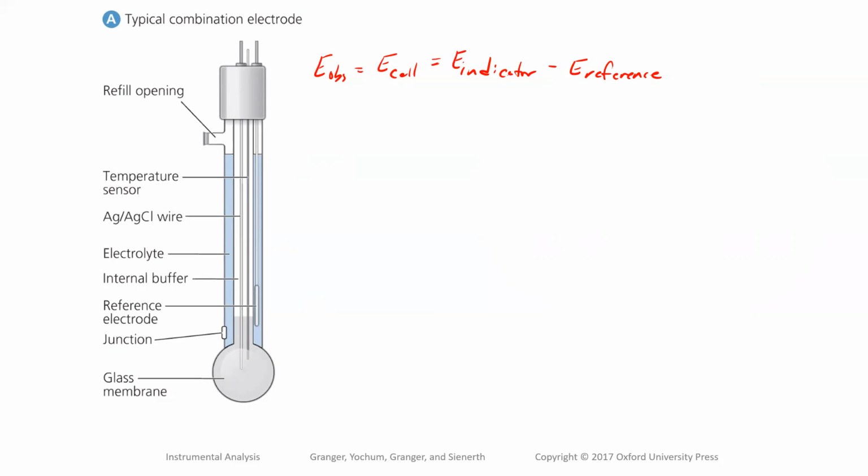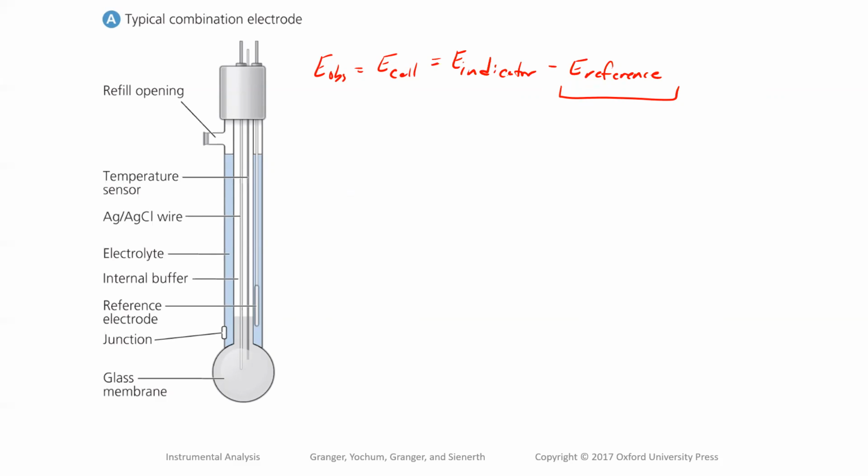I said this perhaps less eloquently on Monday when I was talking about how we hold one of those two containers, like we think about in a galvanic cell. If we hold one of those at a constant value and the other one fluctuates, then we can calculate what the difference is and calculate some concentrations and things like that. And so this reference cell is what we hold constant.